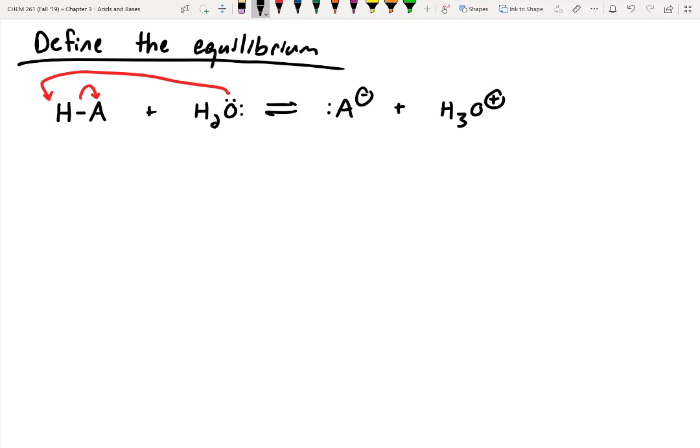All right, so now what we need to do is define KEQ. That's the quantitative measure of concentrations present in an equilibrium. So what would go on top? The products, right?